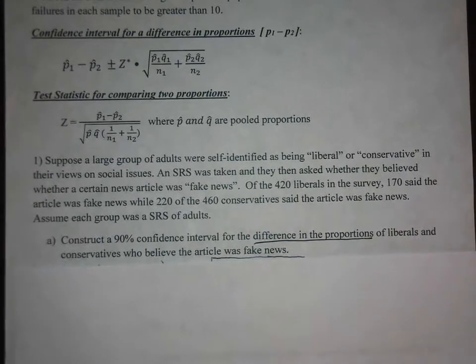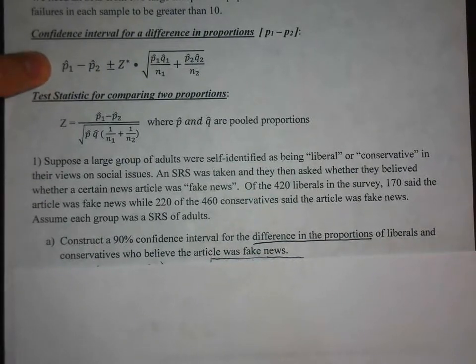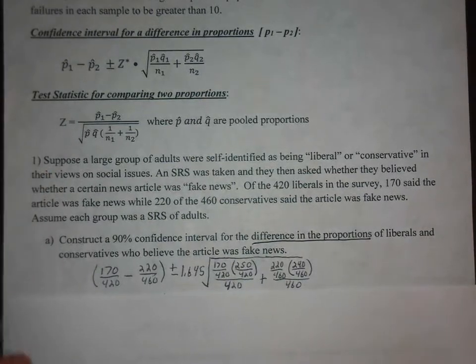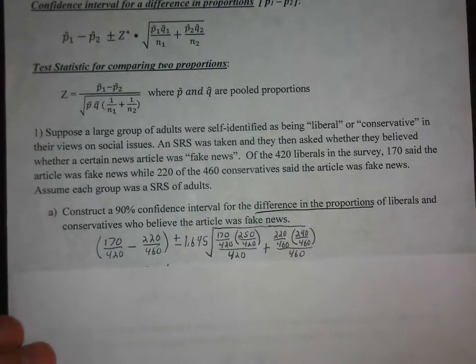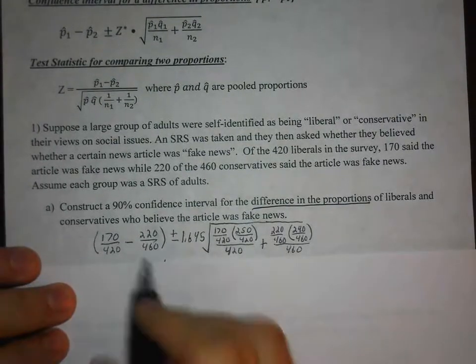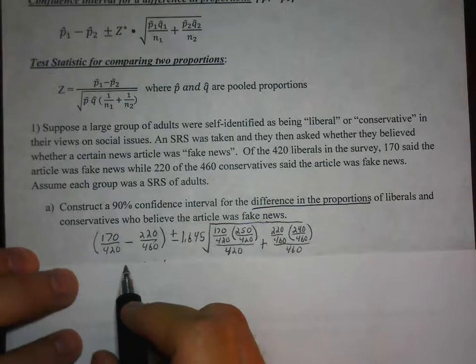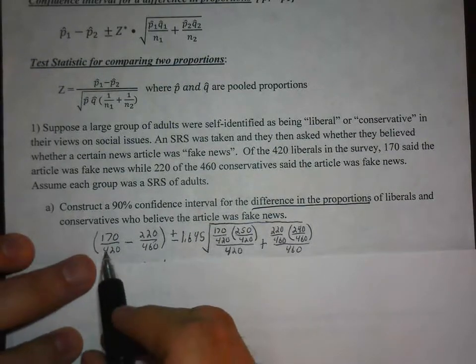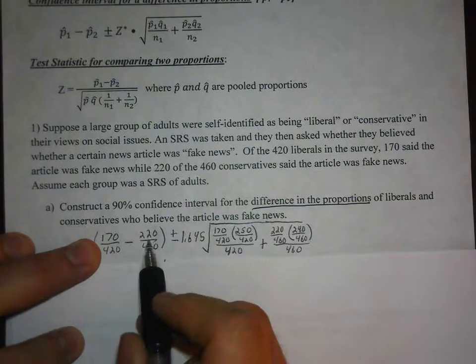The reason I say that is because that tells you what formula you're going to use. When you substitute in your values, again, this is going to look really confusing, but it's just a matter of plugging the correct fractions into the correct place. Now I'm doing the difference in the proportion of liberals and conservatives, so I'm looking at liberals minus conservatives.